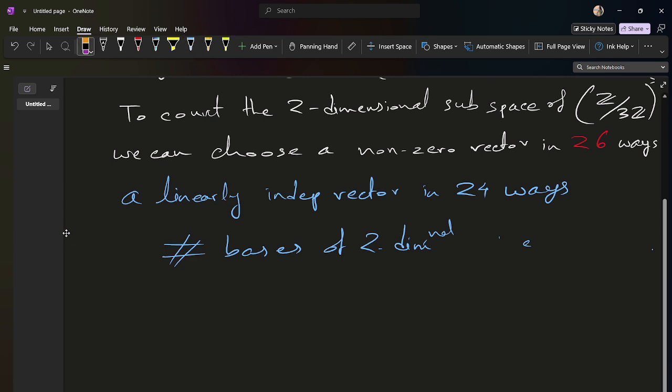Firstly, we have to think about the vector space. So we need the number of bases of the two-dimensional vector space on Z mod 3Z.